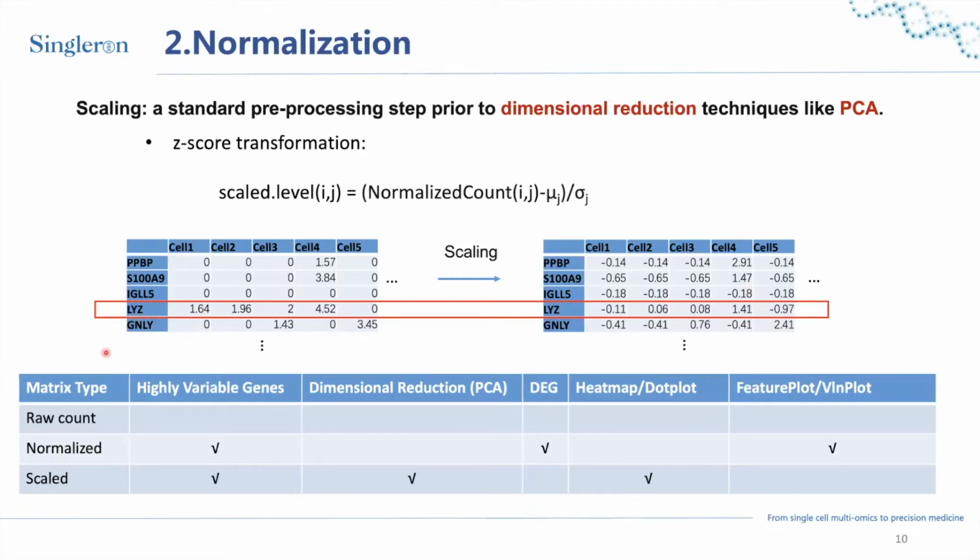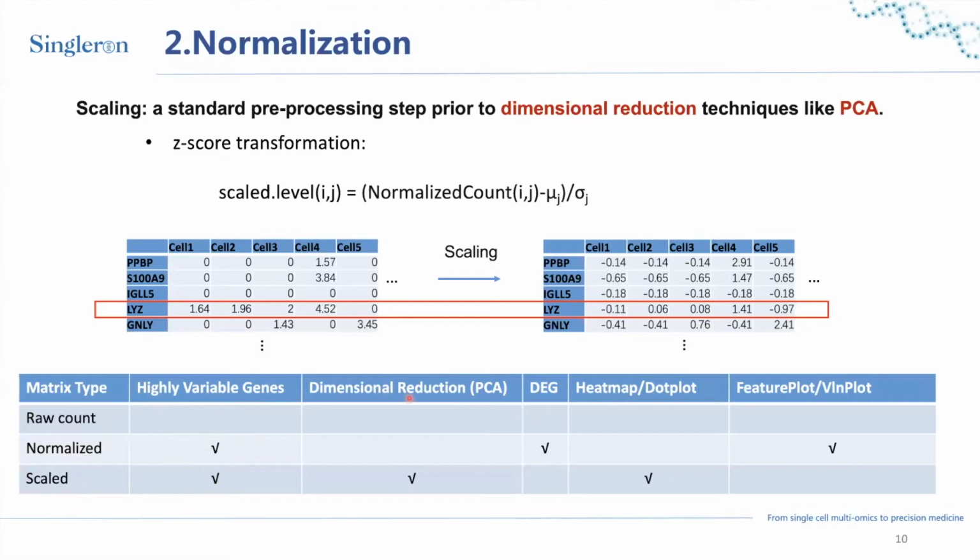After that, what we get is three types of matrix. One is the raw count, one is the normalized, and the other one is the scaled data. They are used in different places for the downstream analysis. For example, for highly variable gene detection, we will use the scaled data, and sometimes some functions or methods will use the normalized data as the input and calculate the variance and scaling inside the function.